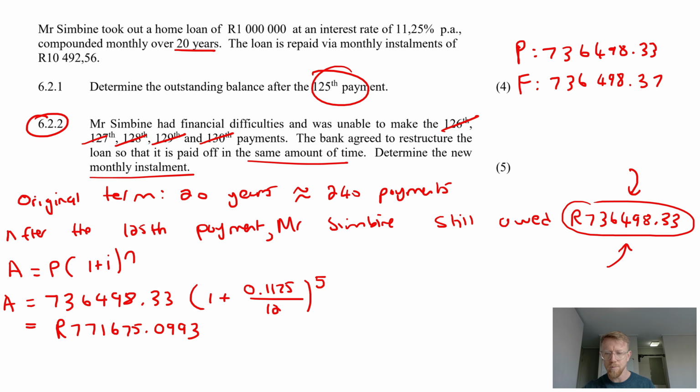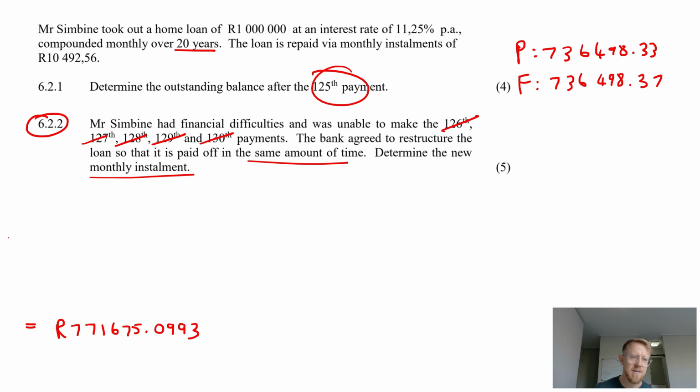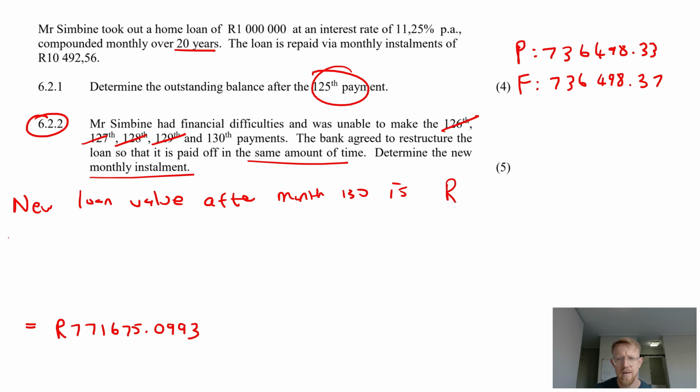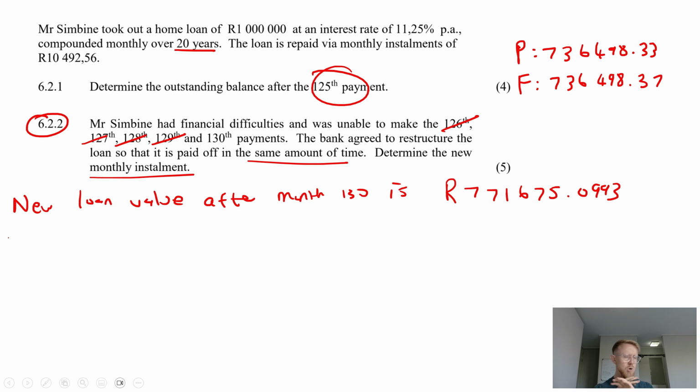Okay, so we can now say that the new loan value after month 130, because that's the last payment that he missed, is now going to be 771,675.0993.